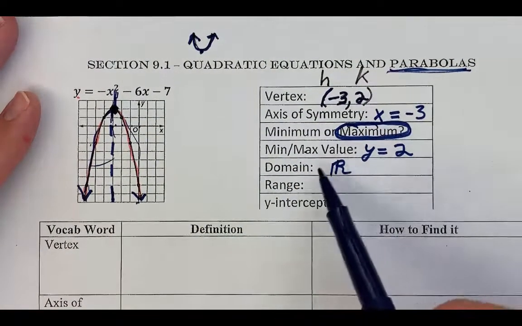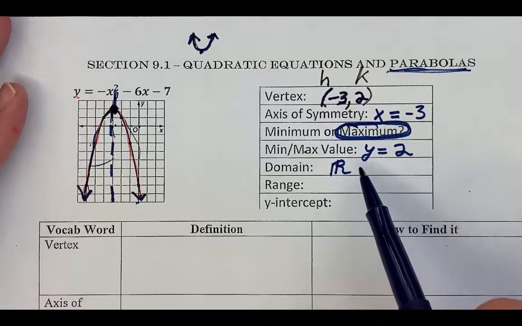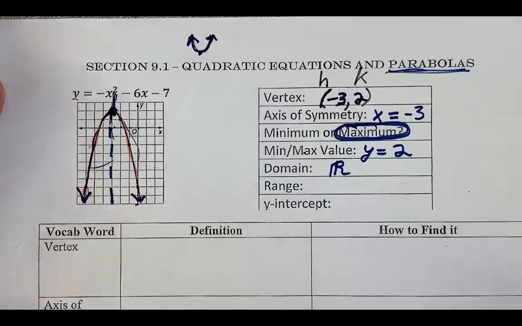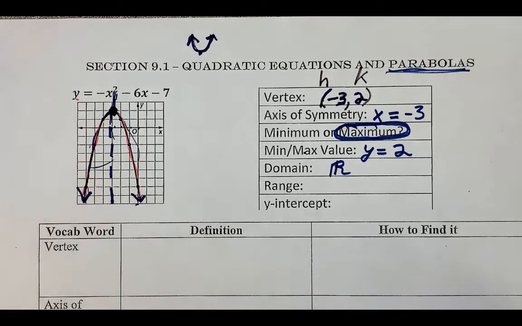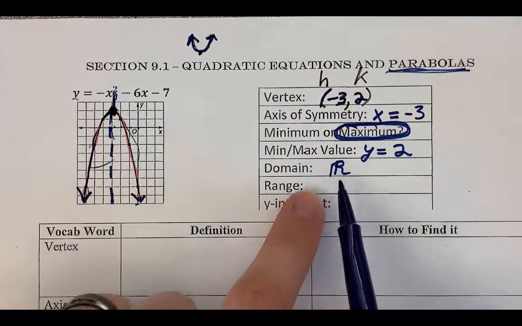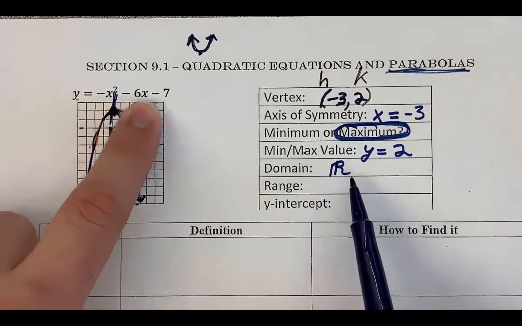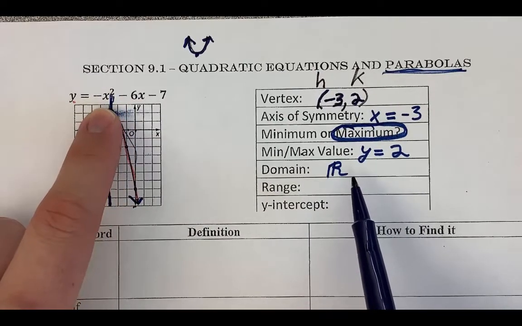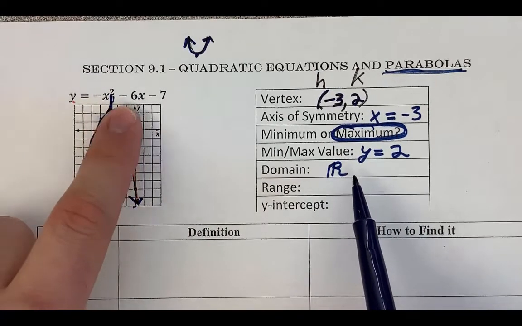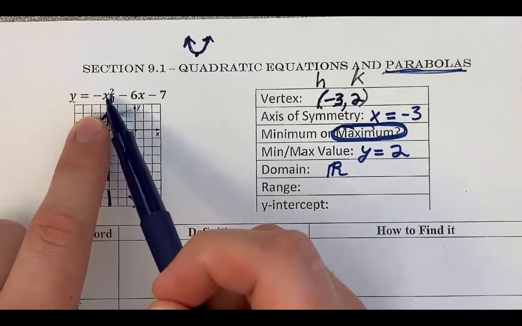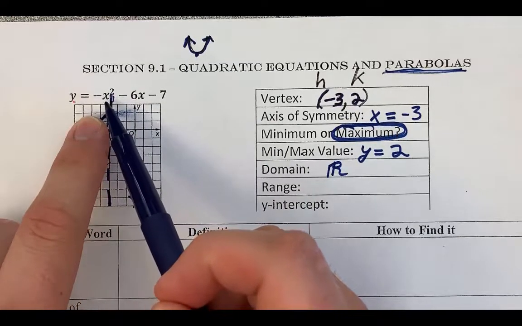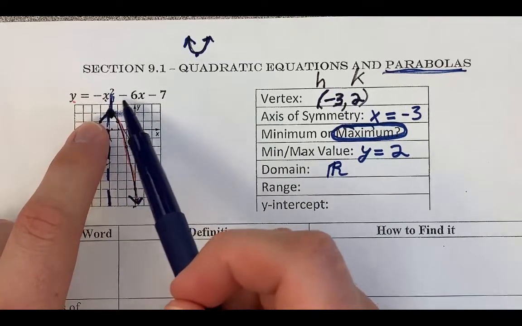The domain is going to be all real numbers, and remember that the domain is all of the x values that have y values. In other words, it's all of the inputs that also have outputs. The way that you know that the domain is all real numbers is because for every number that you plug in to this function, there will be no errors. So you can plug in 1, -17, 1,000, pi, whatever you want for x, it doesn't matter.